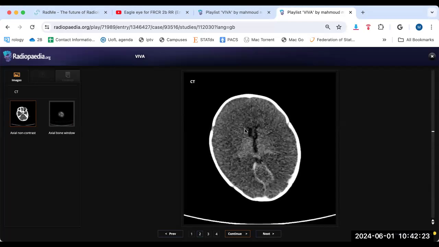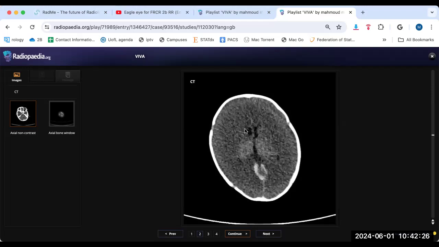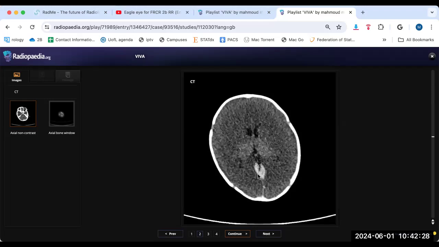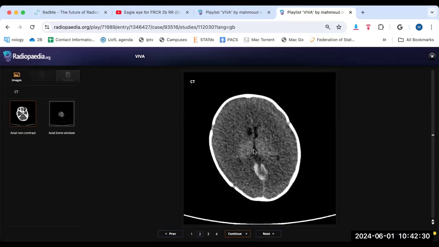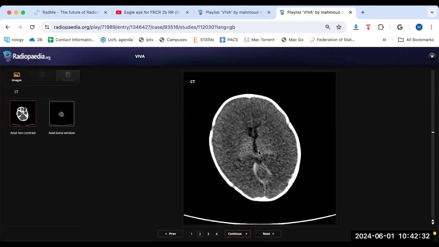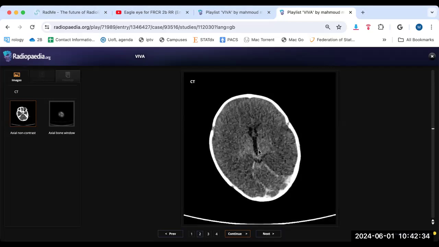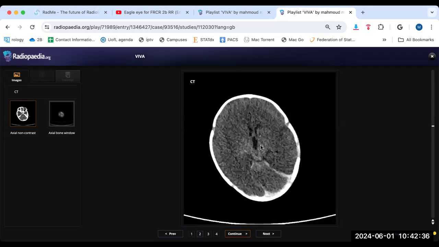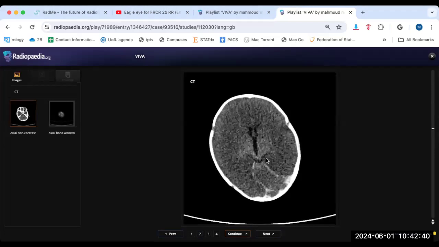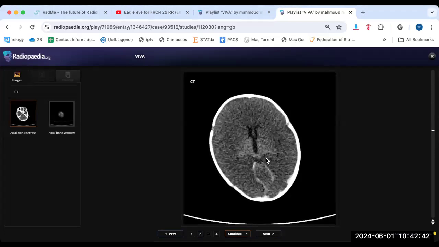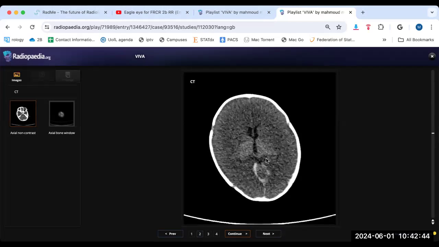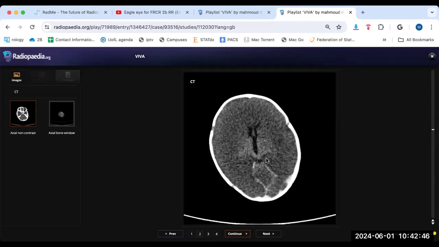I can see there is evidence of hyperdensity seen at the posterior aspect at the level of the internal cerebral veins. The veins are okay. Inferior sagittal sinus, the sinuses are okay.